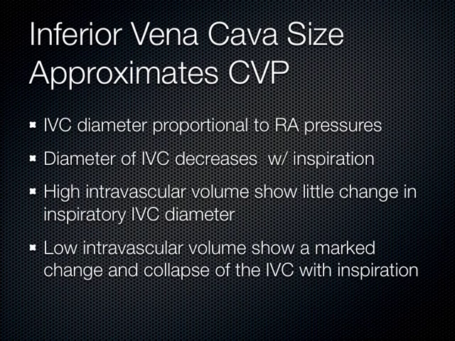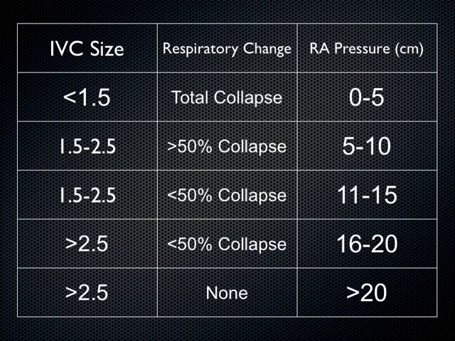But I just want to give you that preamble right now, that you can actually estimate the right atrial pressure non-invasively by looking at the diameter of the IVC and how it collapses during inspiration.